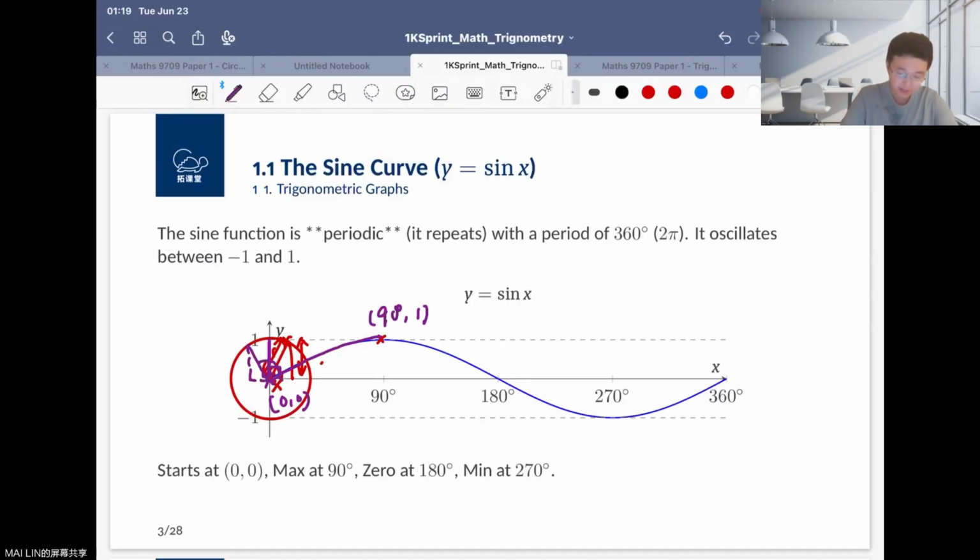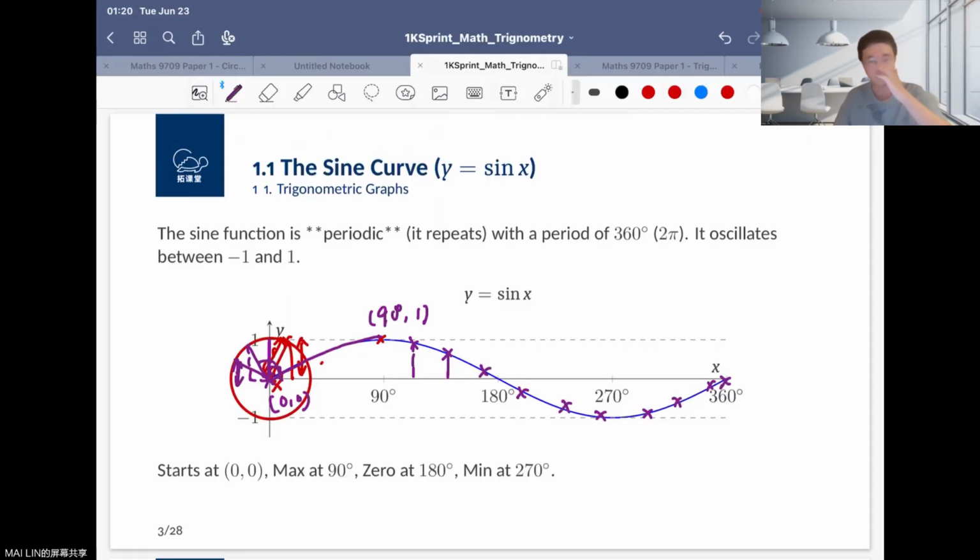You can see the height becomes smaller, so the value at 120 becomes smaller. Every time, the unit circle's y value represents the exact height on the sine function, okay? Then you can draw all the points and connect them into a very smooth curve.